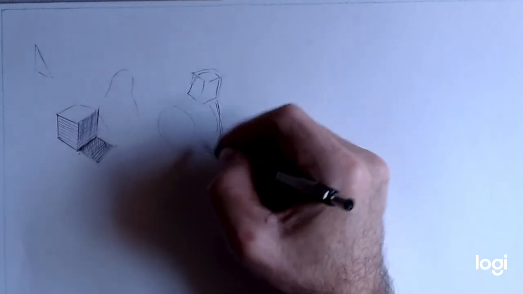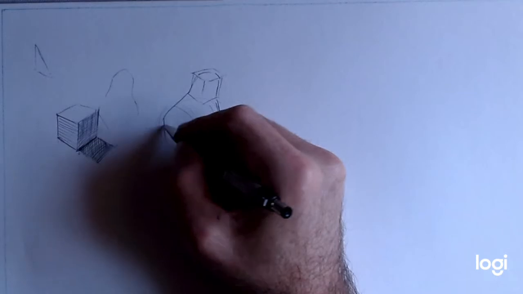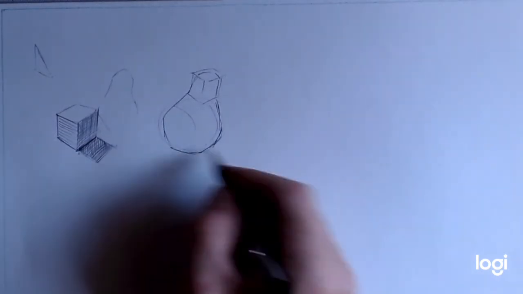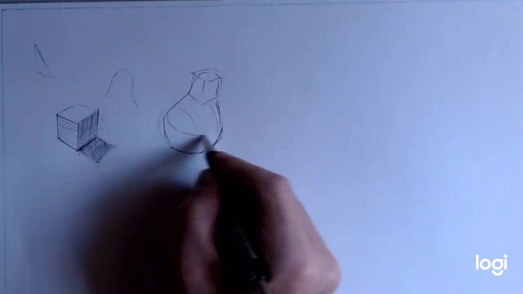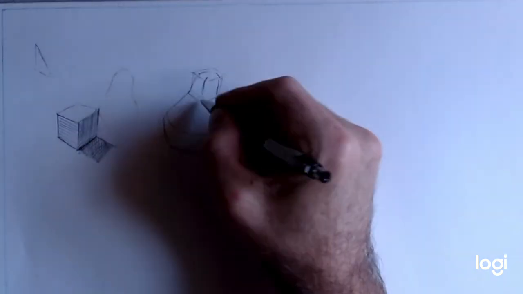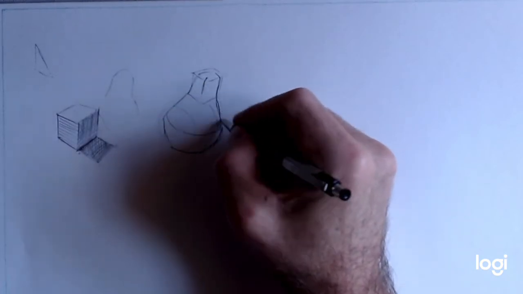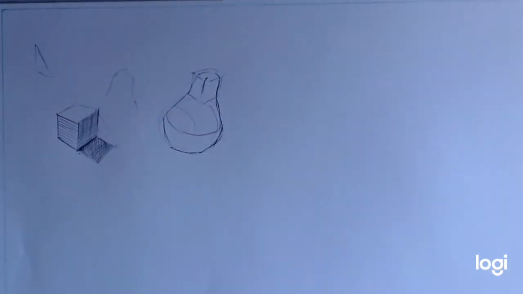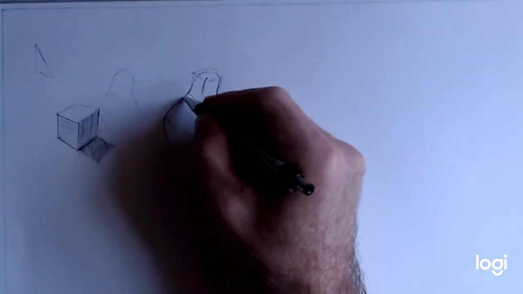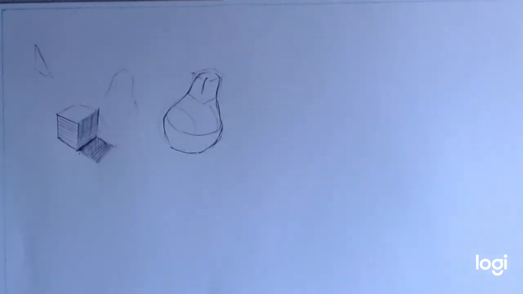And the cylinder won't be perfect. I'm going to put a cross contour showing the cylinder. So you can see now that the way we're drawing this pear has volume. It's a solid volume, a solid shape.